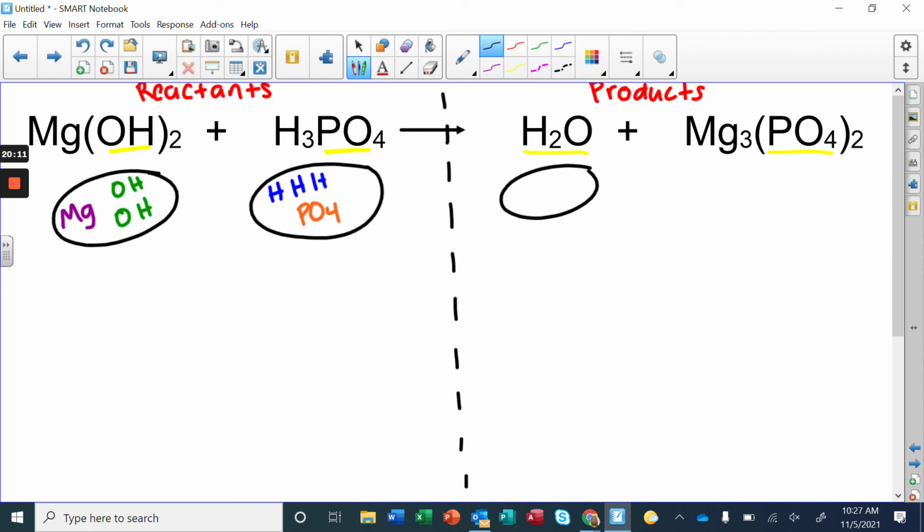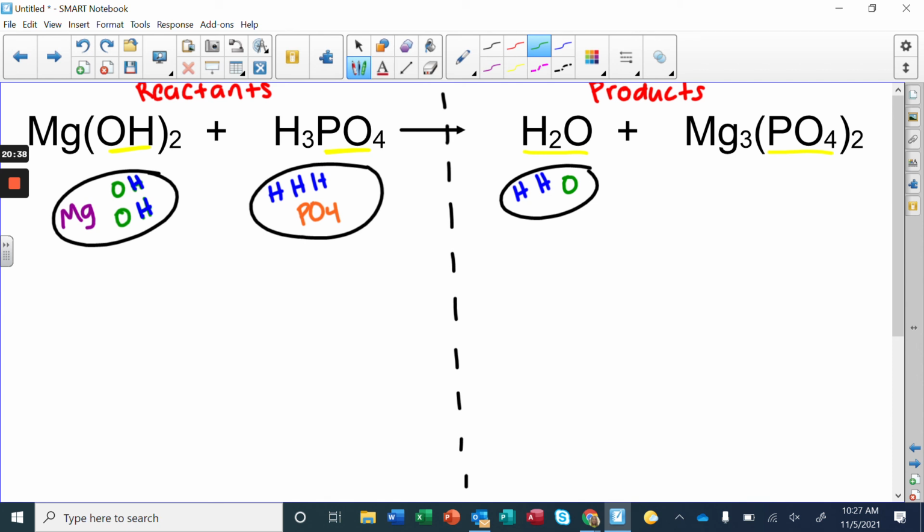Well, I kind of messed that one up. Let me go ahead and color code this one over here. I'm sorry, guys. I'm going to make these hydrogens blue because I think it's going to be a little bit easier for y'all to see it this way. Okay. So that's on me. Okay. So 2 hydrogens, and we'll do 1 oxygen here.